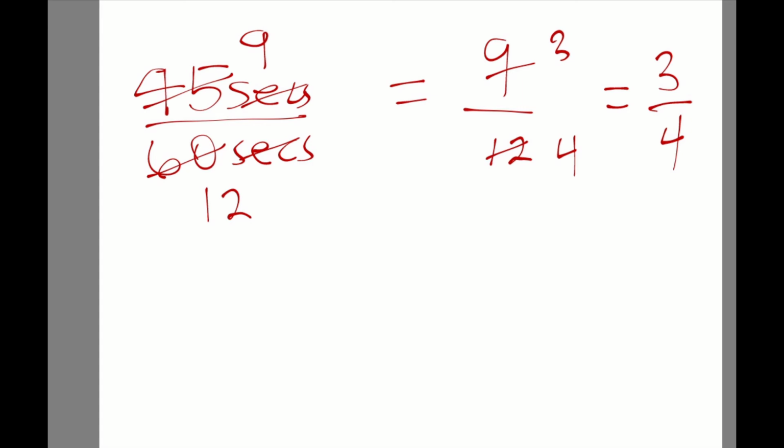So we say 3/4 of 1 minute is 45 seconds. So if we are dividing 60 seconds into 4 equal parts, 3 of that is 45 seconds.